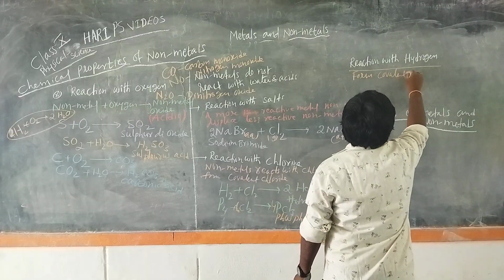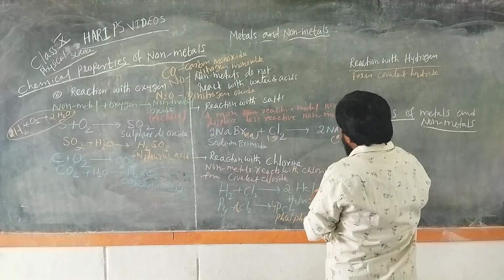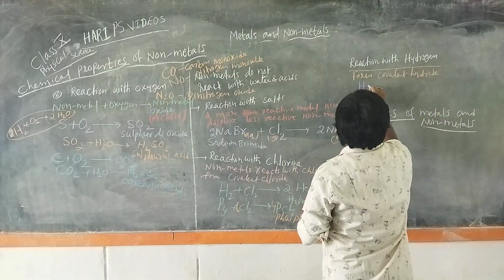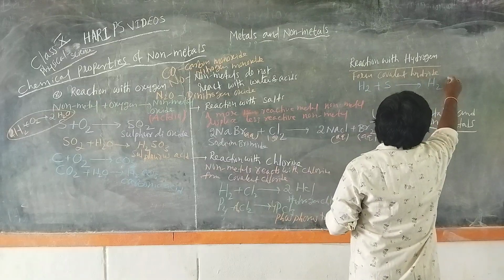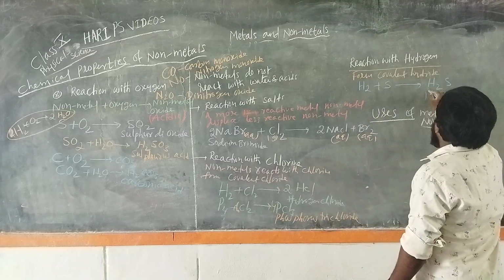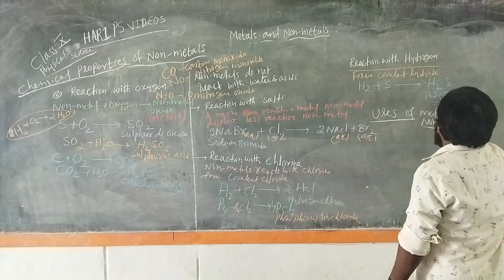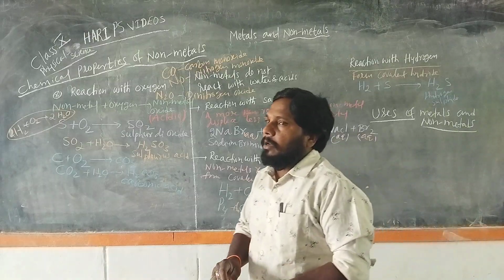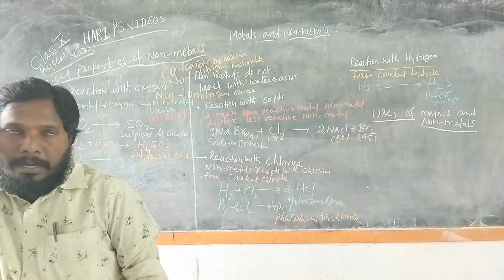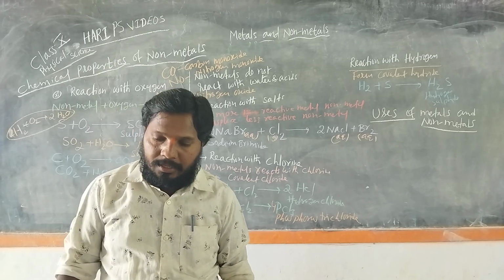For example, hydrogen plus sulfur gives us hydrogen sulfide. Hydrogen sulfide is a covalent hydride. It gives a smell like rotten egg.